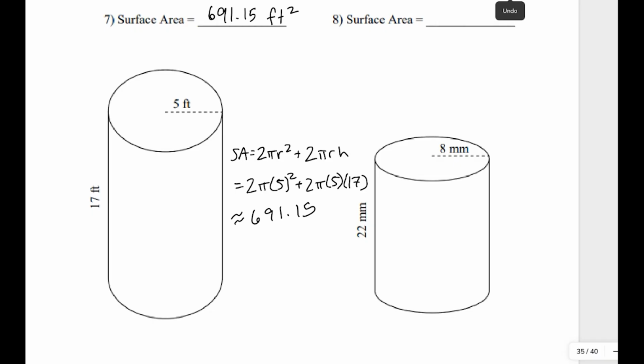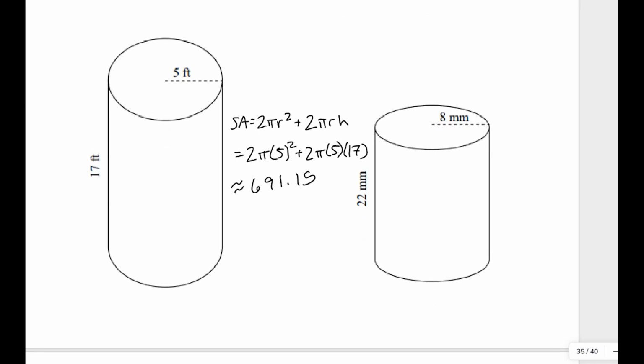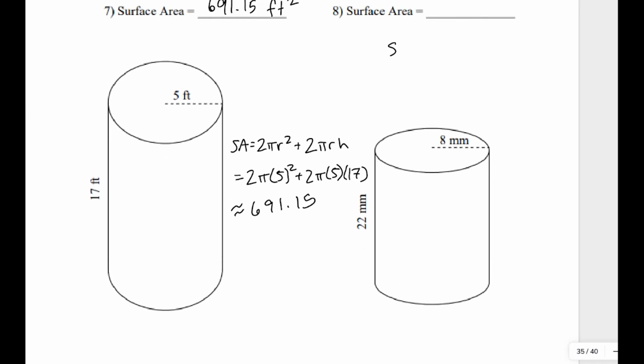Okay, that leaves us with one last problem on today's notes. Number 8, we're going to use the same formula, that 2 pi r squared plus 2 pi r h. In this case, the radius is 8 millimeters, and the height is 22 millimeters. So we'll substitute in 8 for the radius, 22 for the height, and then throw all that into the calculator.